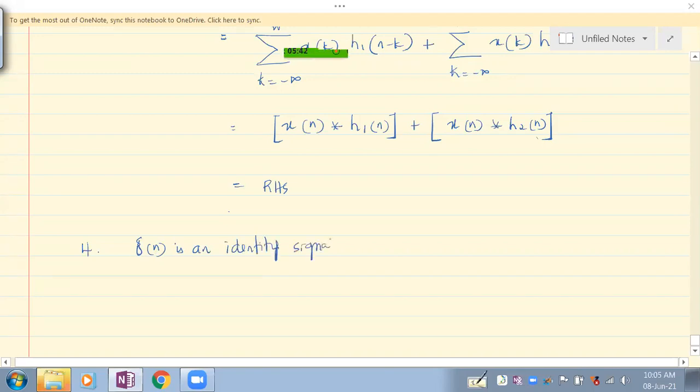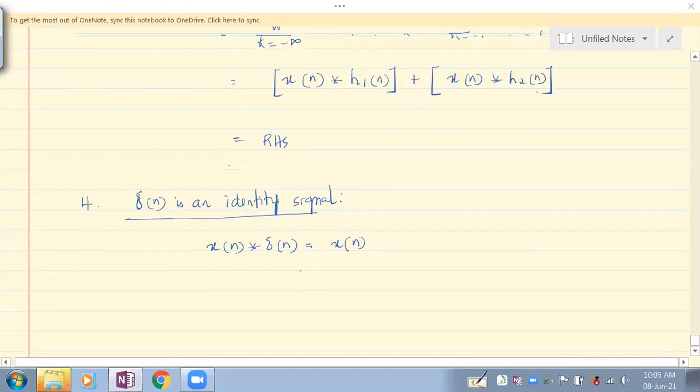Identity signal means what? We shall see. That means if you convolve any discrete signal with delta of n, you would get the same signal. So delta of n is an identity signal. Fine. So this is a property of convolution.